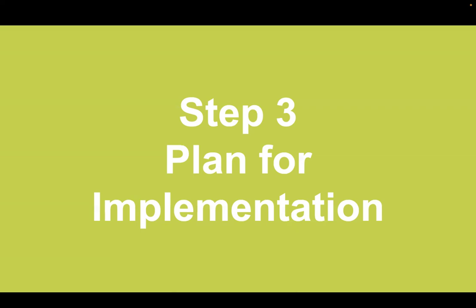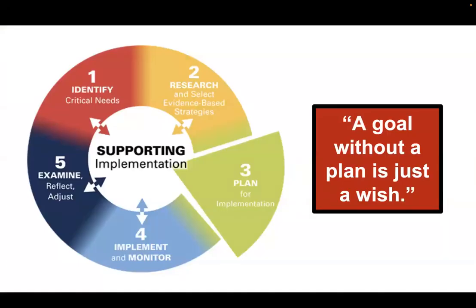All right, so for the next 3 steps, we're going to plan for implementation. This is where your One Plan comes in. When you work with the needs assessment, those priority needs that you identify move over into your One Plan. As your teams look at making their plan, you're going to focus on those critical needs and the evidence-based strategies that you've identified in the previous 2 steps.